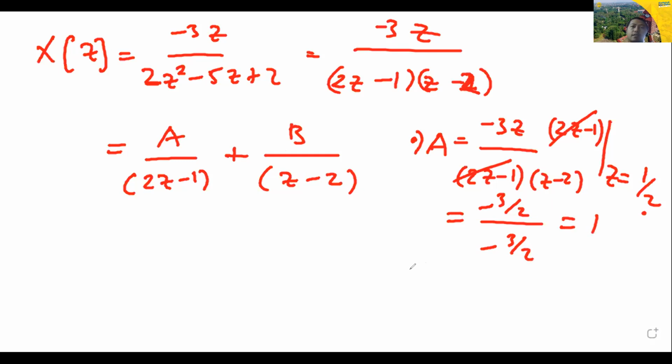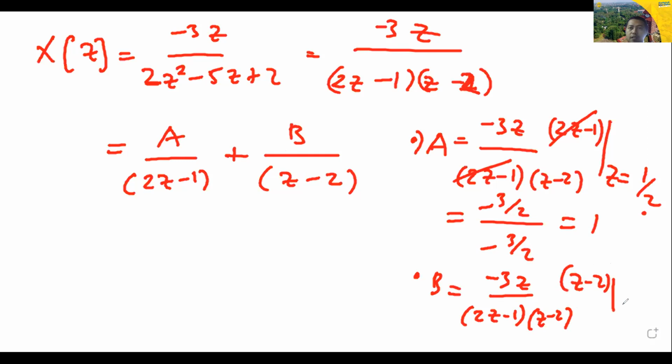And B is similar. This one times (z minus 2), and we substitute here z equal to 2.